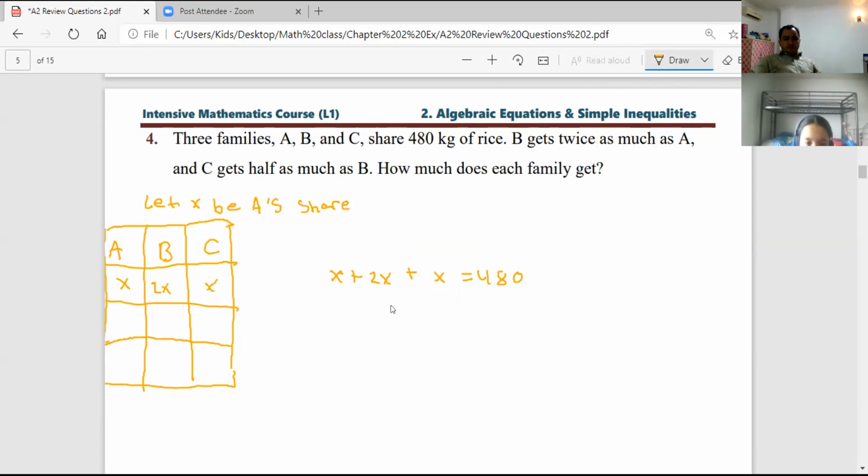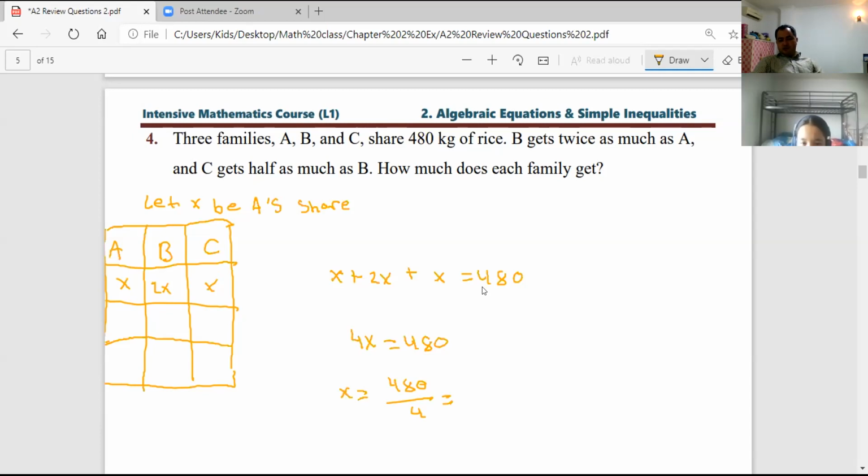X plus 2x, 3x, 3x plus x, that's 4x, equals 480. X equals 480 over 4. 4 divided by 4 is 1, 8 divided by 4 is 2.